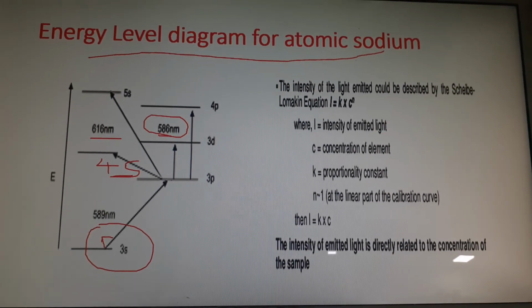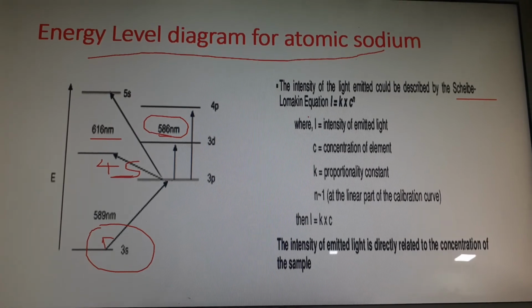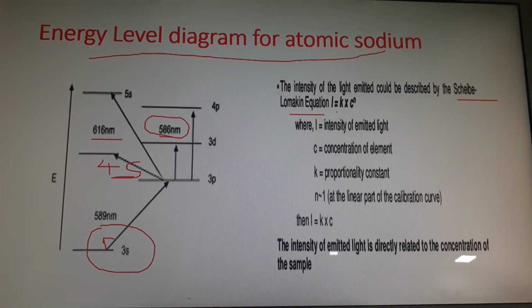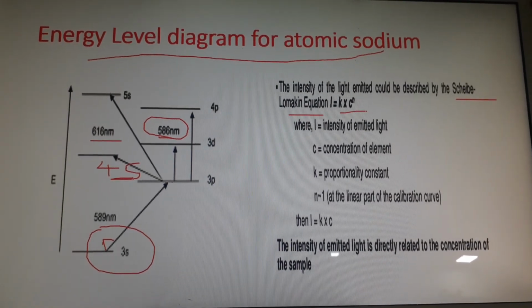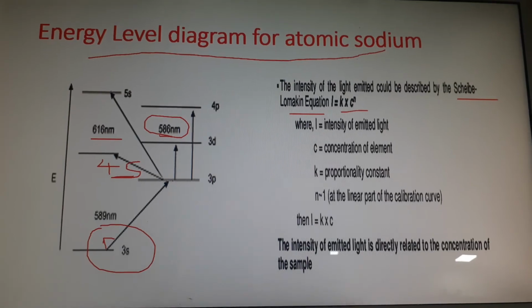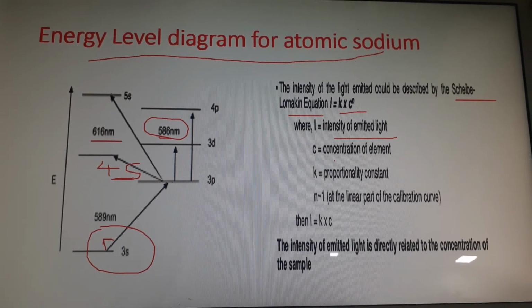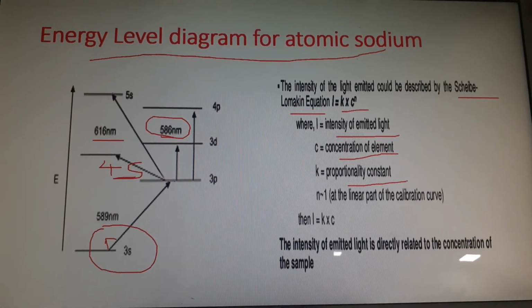The intensity of the light emitted can be described by the Lomakin equation, which tells you that I is equal to K into C raised to n. Here I stands for the intensity of emitted light, C stands for the concentration of the element, and K stands for the proportionality constant.